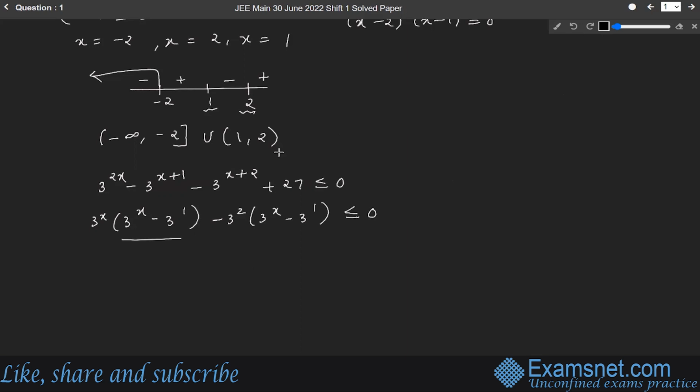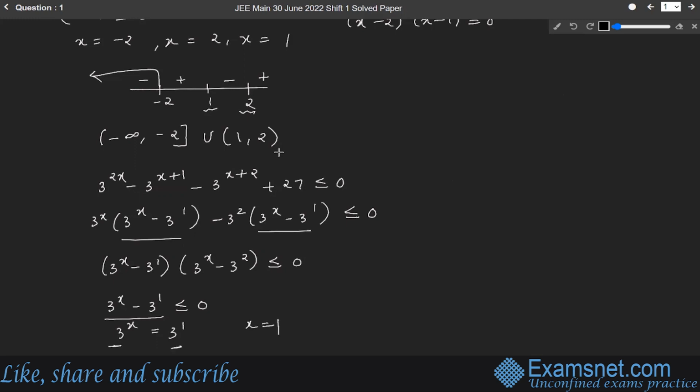Now you can see that 3 power x minus 3 power 1 is again common. So 3 power x minus 3 power 1 and the remaining terms are 3 power x minus 3 square is less than equals to 0. So here we have 3 power x minus 3 power 1 is less than equals to 0. So 3 power x will be equal to 3 power 1 if we take it as equal. So base is same, it means that powers are equal, right?